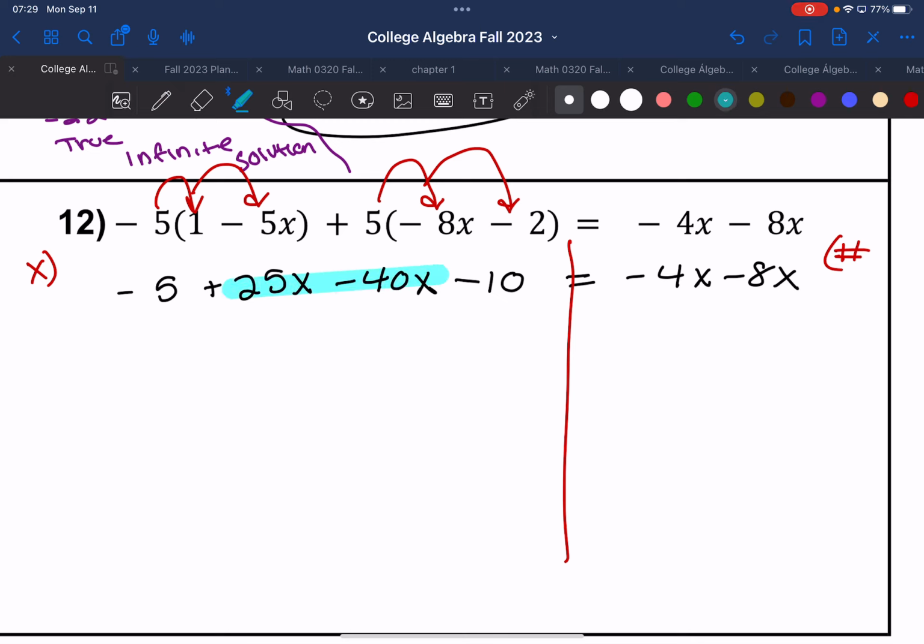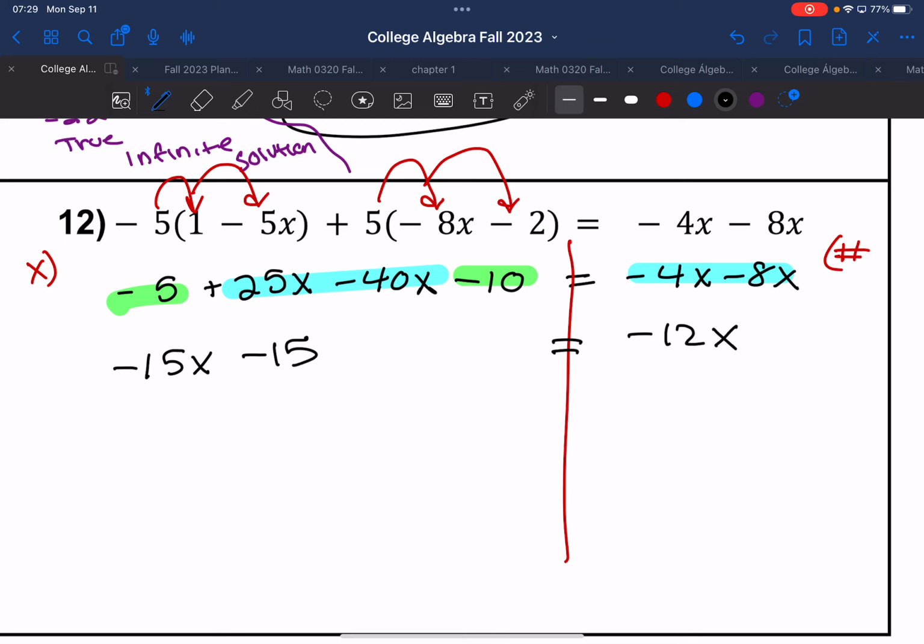So I have the x's on this side and the x's on that side, and then my numbers. So that means on the left side, I have 25x minus 40x, which is negative 15x, and negative 5 plus negative 10, which is negative 15. And on the right side, I have negative 4x minus 8x, which is negative 12x.